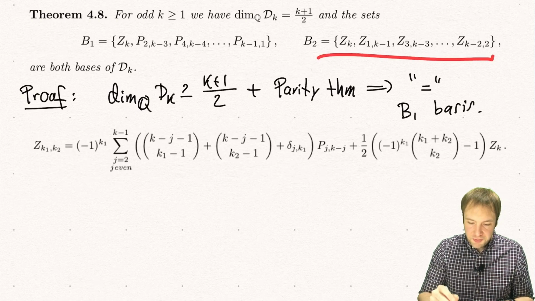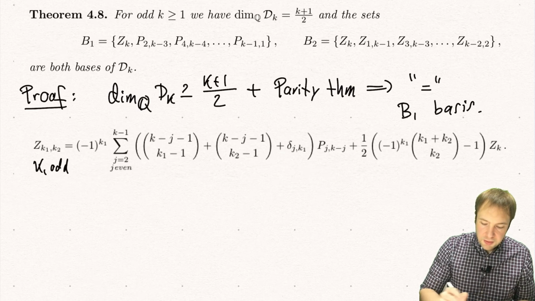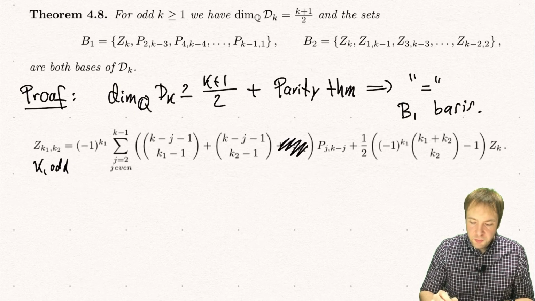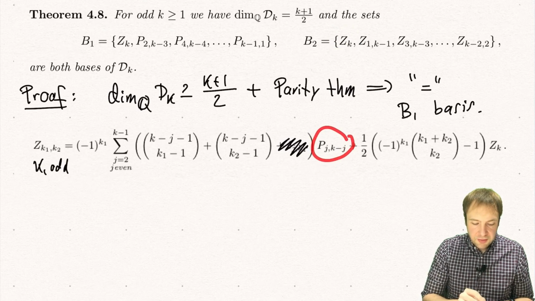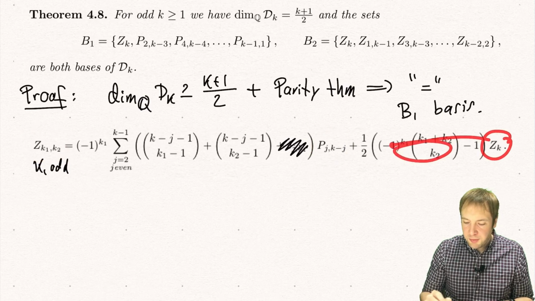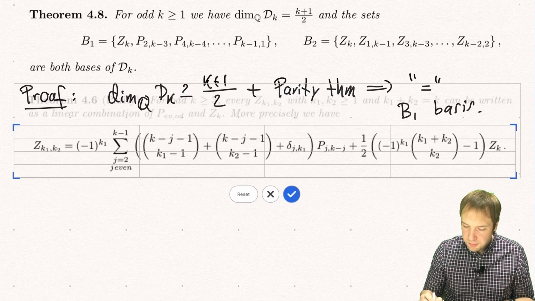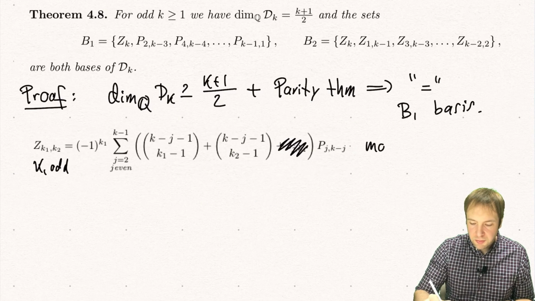So first notice that if this k1 is odd, then this part here doesn't appear. And also, we include this zk in our basis, so to show that this can be written as some linear combination of these, we can ignore this part here, so we can actually also take this equation here. So this is now modulo zk.